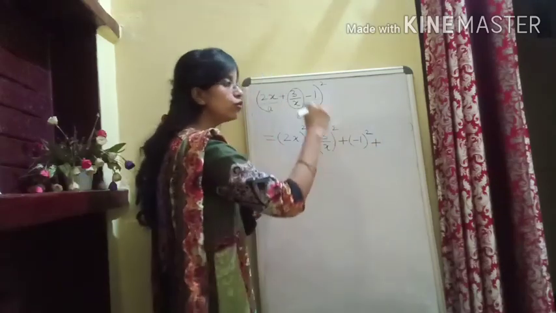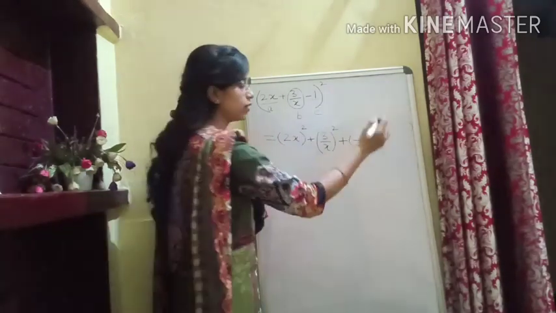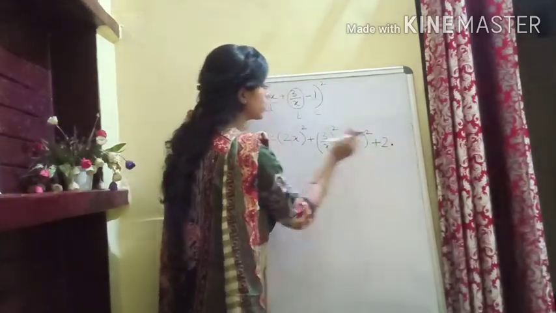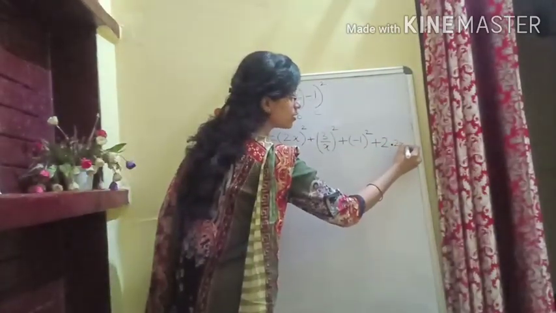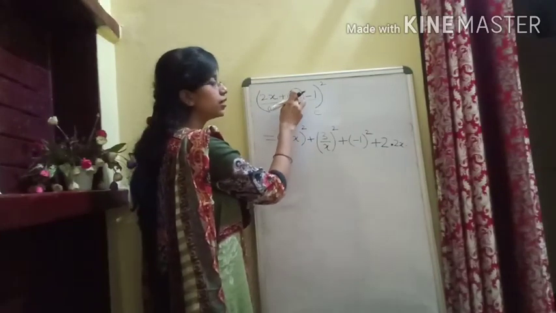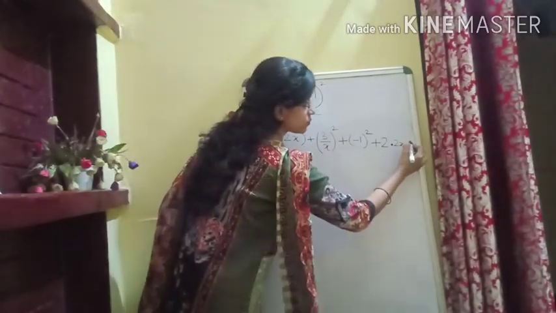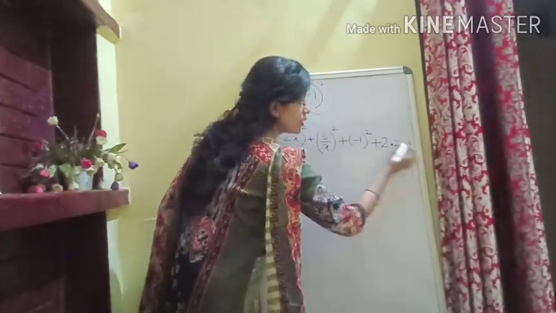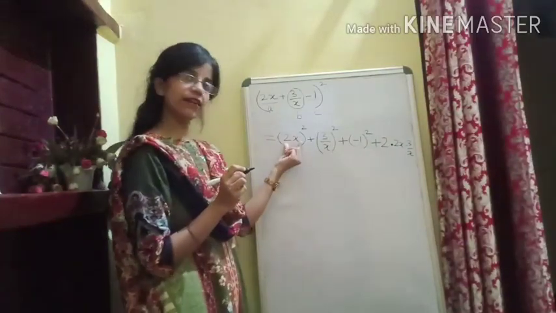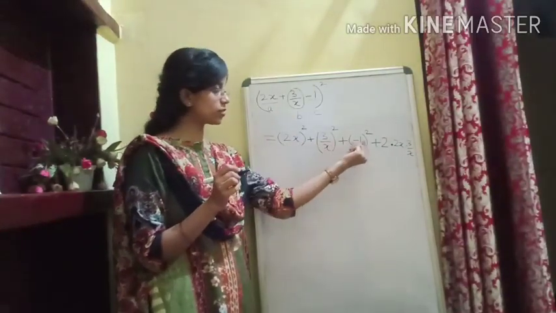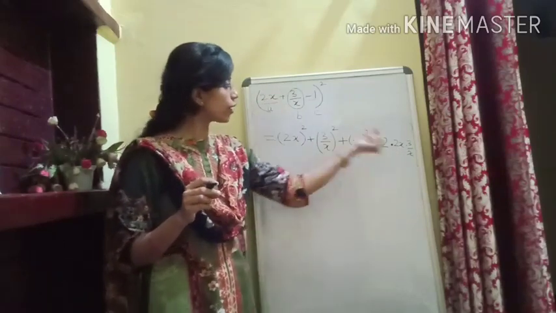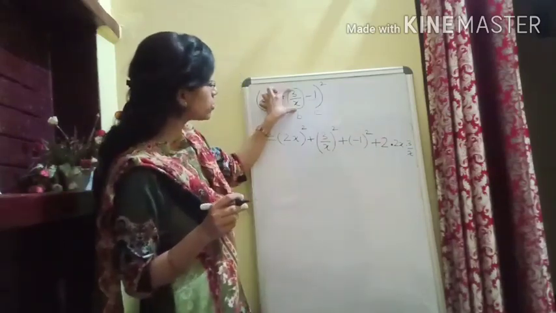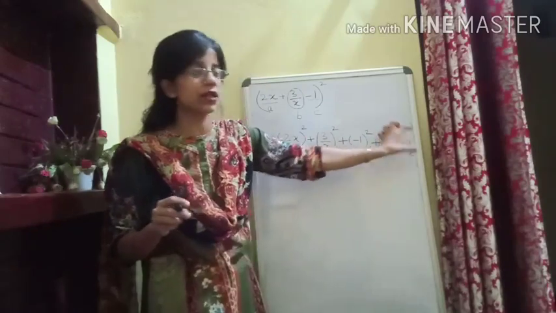Plus 2 into a into b: 2 into 2x into 3 upon x. Is it clear, everyone? We have put the values.